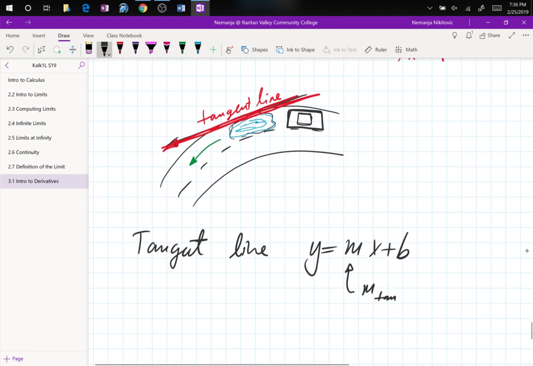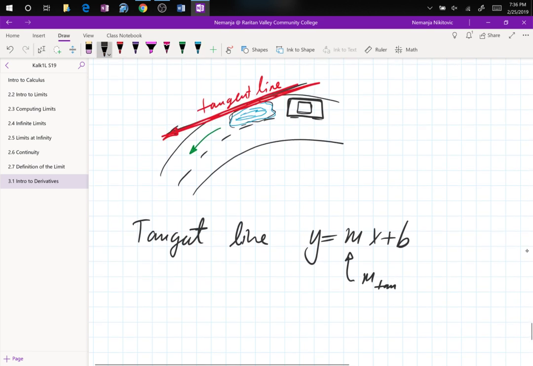And this is an x and a y at a given point. This x is that a, and y is f of a. So we can calculate b.